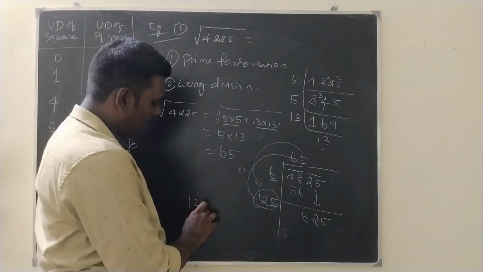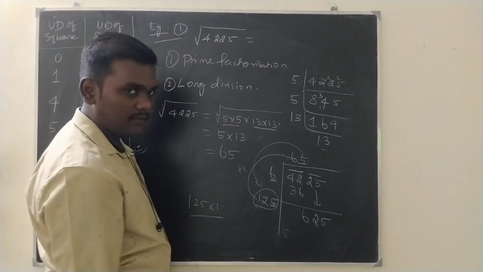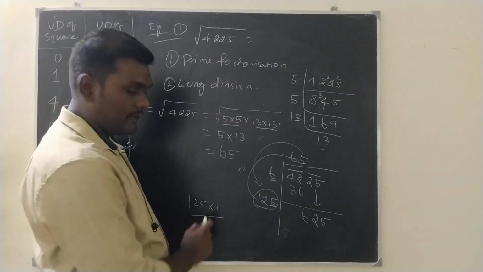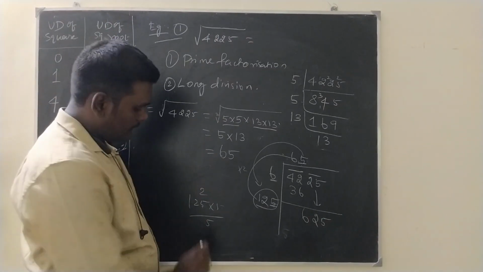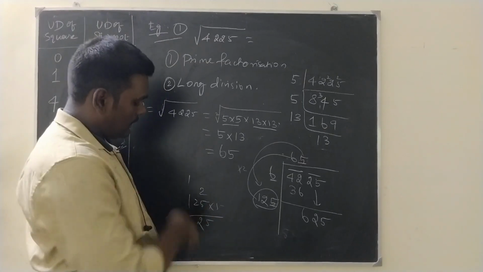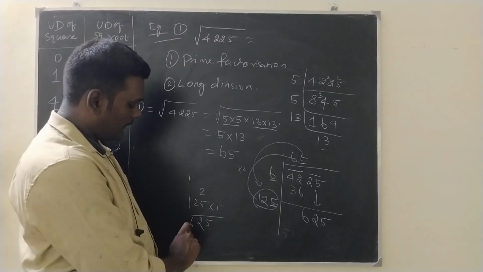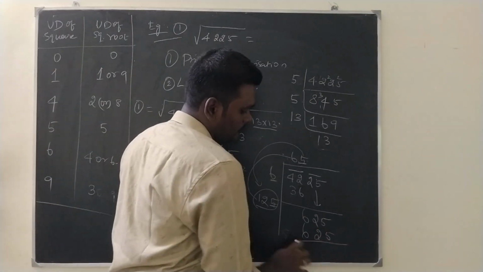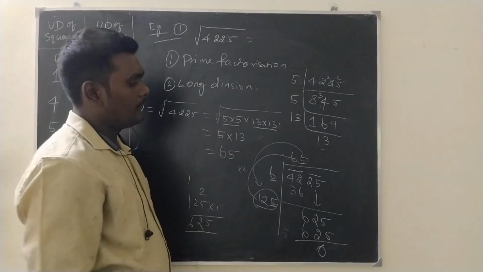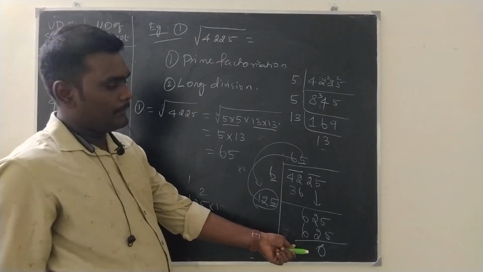So 125 multiplied with 5, how much is it? 5 5s are 25, 2, 5 2s are 10, 12, and then 1, 5 5s are 5, 6. Yes, there it goes. We got 625. So we ended up with 0.